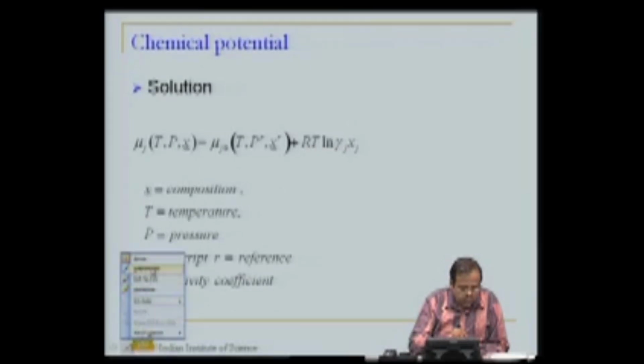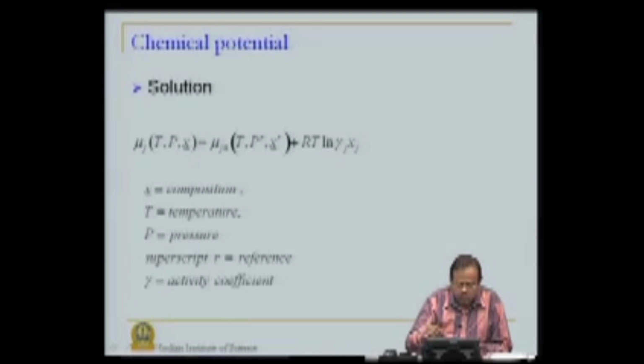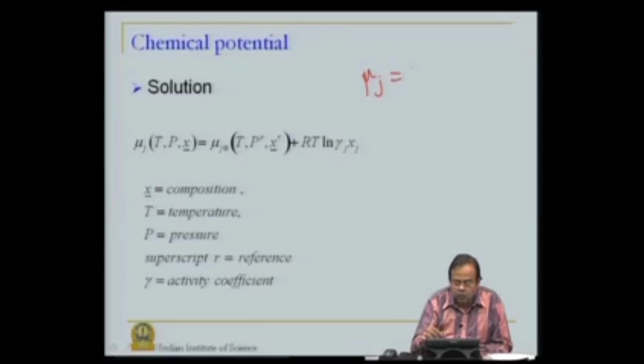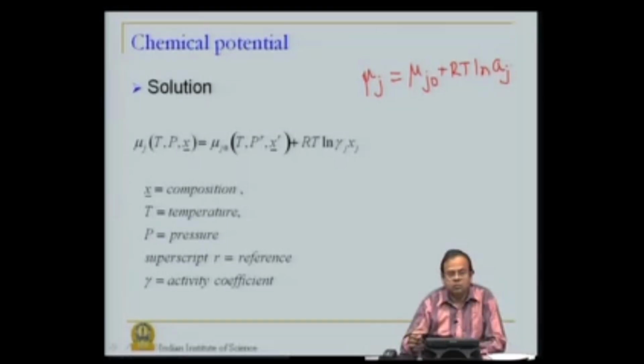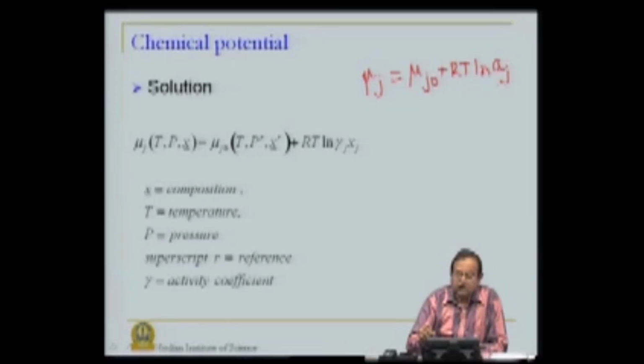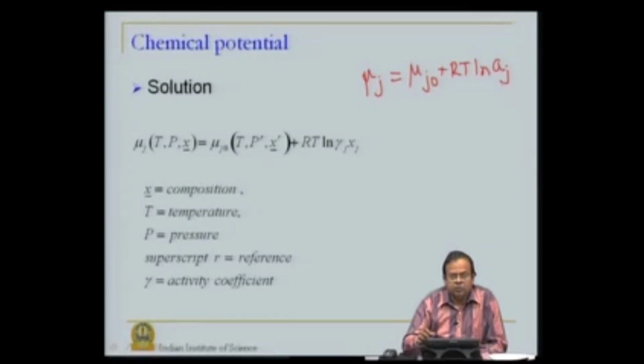So, in a more compact and simpler form, we can write mu_j equal to some reference condition chemical potential mu_j0 plus RT ln activity of J. This activity of J, for example, when the gas is a perfect mixture is the partial pressure of J, it is fugacity of J when it is a non-ideal mixture, and it is gamma_j x_j when we are looking at a solution and so on.